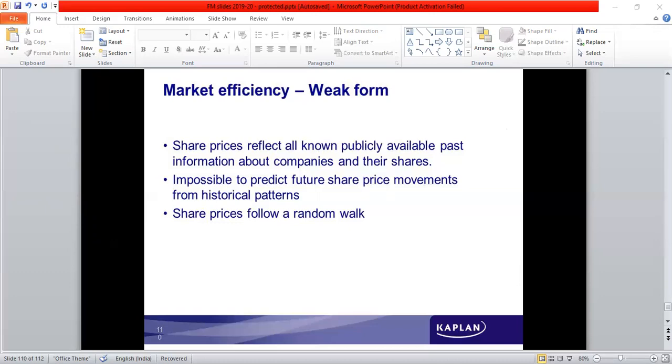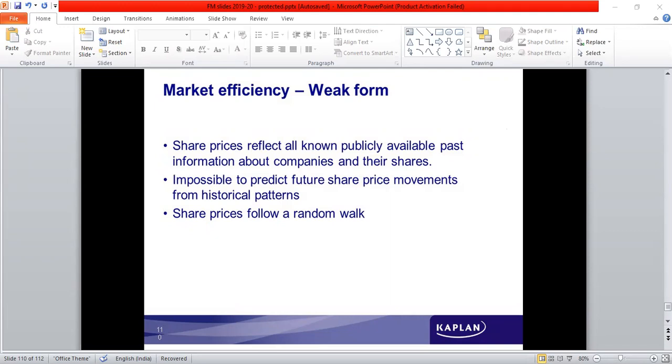So, generally, we see that the markets we are talking about are the markets where the securities are traded, the stock market. The prices in the stock market for the securities keep varying based on some information which is received. So it is all related to the information.